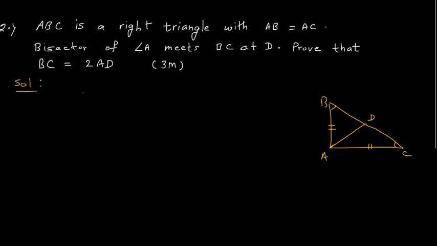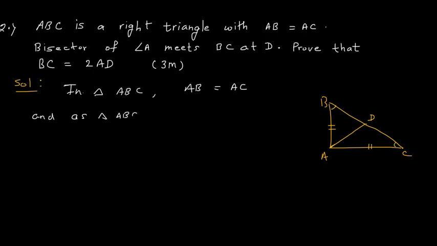So here I will say that in triangle ABC, AB is equals to AC, and as triangle ABC is right angle triangle, therefore your angle A is equal to 90 degree.